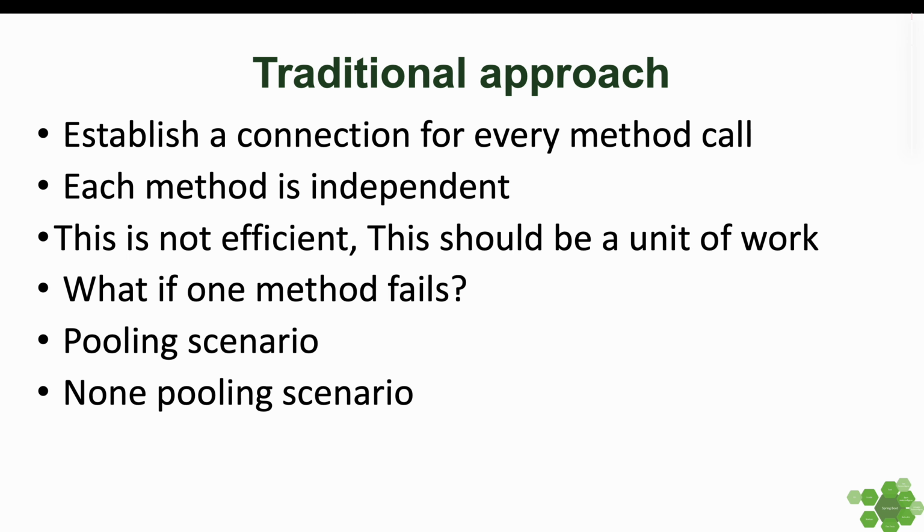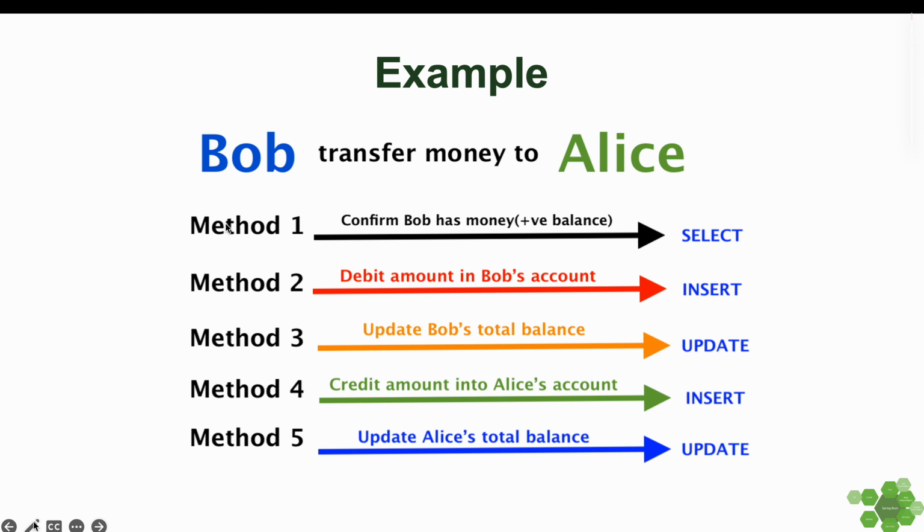If you are not in a pooling scenario, that means you don't create connections in advance. This is even the worst case scenario because it would mean that for each method call, you have to make a call to a database management system to establish a connection first.